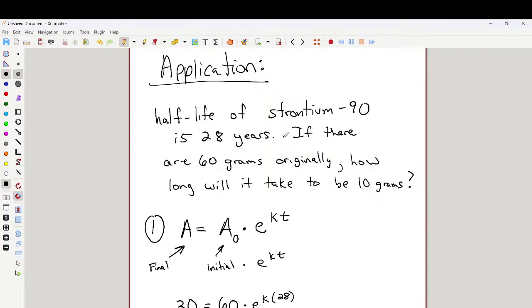See where I'm going with this? The first sentence says the half-life of this radioactive material is 28 years. So starting at 60, half of 60 is 30, and it takes 28 years. What we're going to do now is find k. Then we take k and do this a second time. So let me go through it.